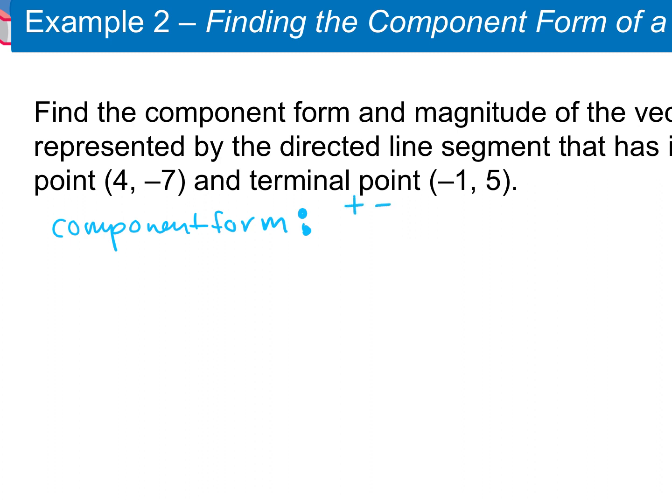Terminal minus initial. So we take our terminal point. The first number goes with the first number, so the x goes with the x. So it would be -1 minus 4. Terminal minus initial. And then comma, 5 minus -7.